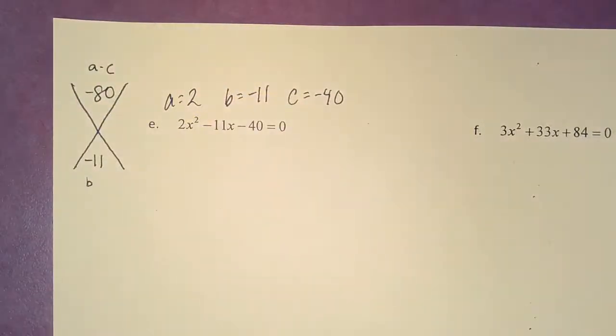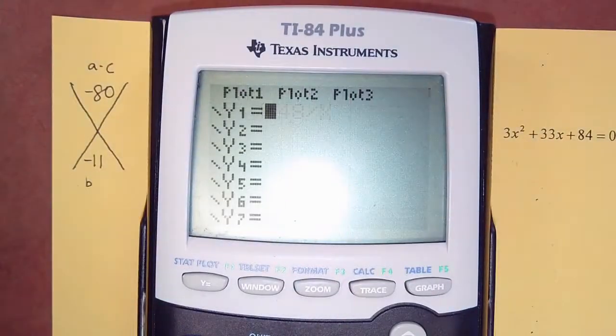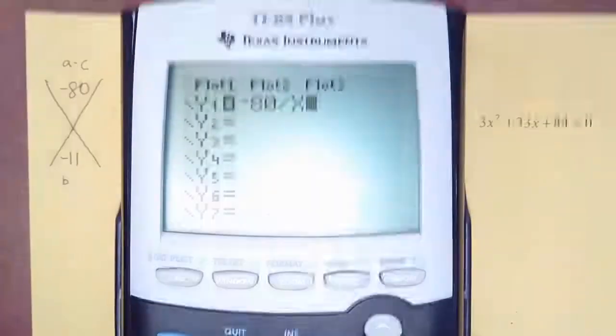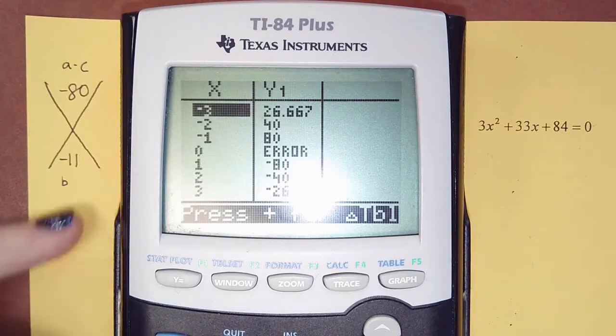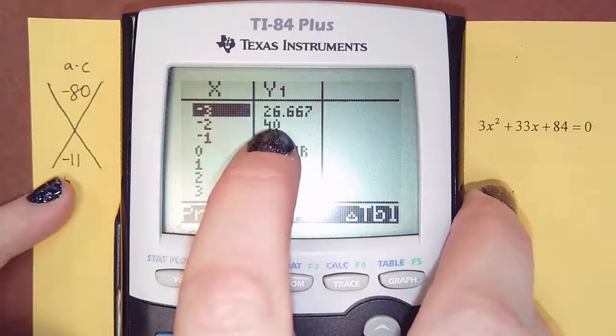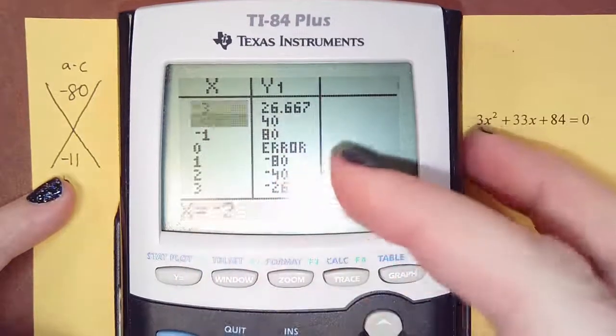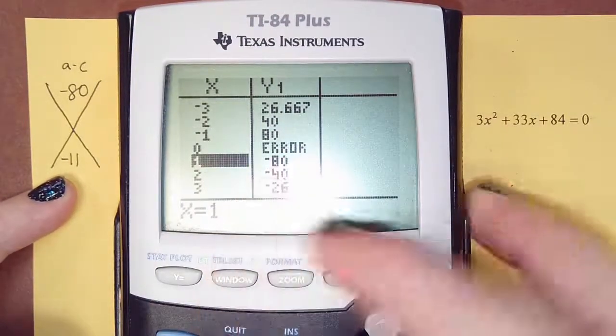So let's go ahead and pull up factors of negative 80. Negative 80 divided by X. Remember the X is next to the green button. Second graph. I want them to add to negative 11. So negative 2 and 40, that adds to positive 38. So I'm going to keep going the other direction. 1 and negative 80, that adds to negative 79.